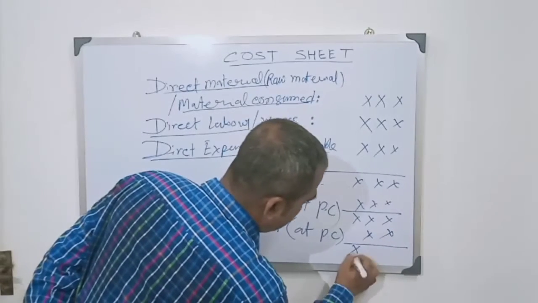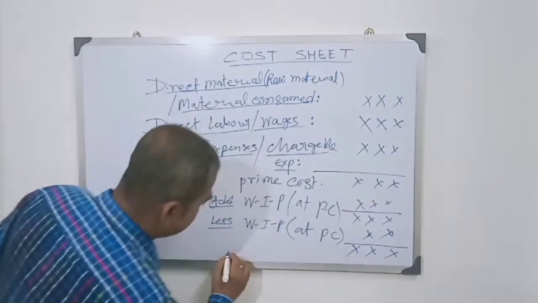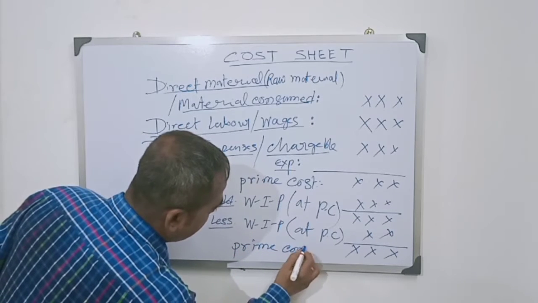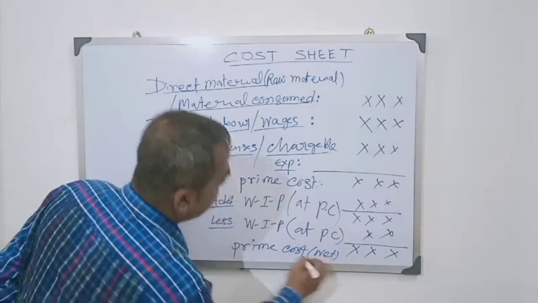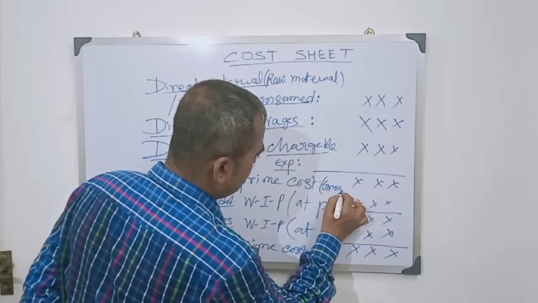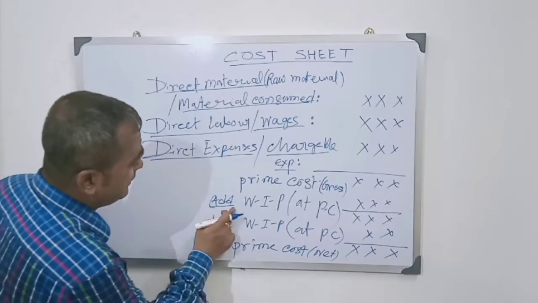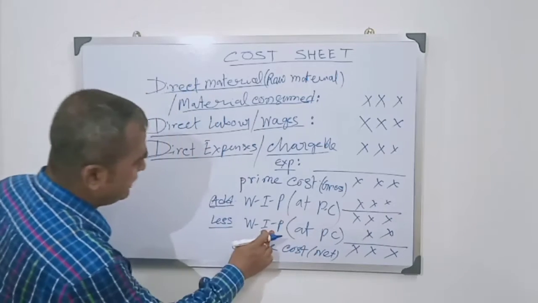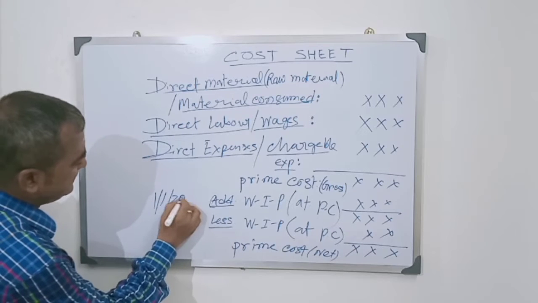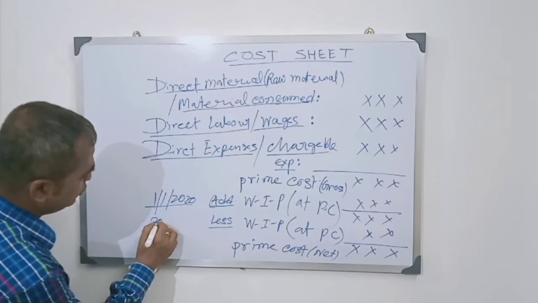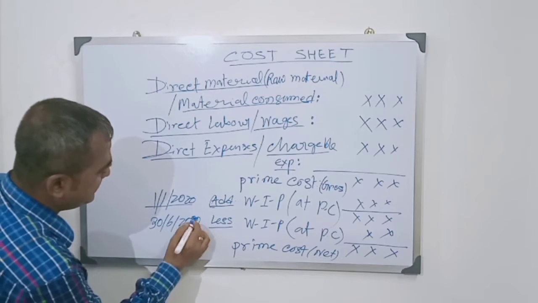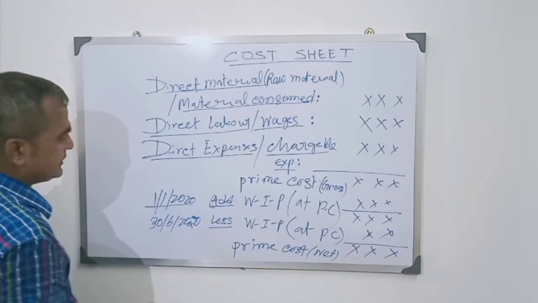So we get the exact figure of prime cost. This is the prime cost net. Here I might use the word loss. If they are provided WIP at prime cost on two different dates, 1st January 2020 and 30th June 2020, that you have to understand.